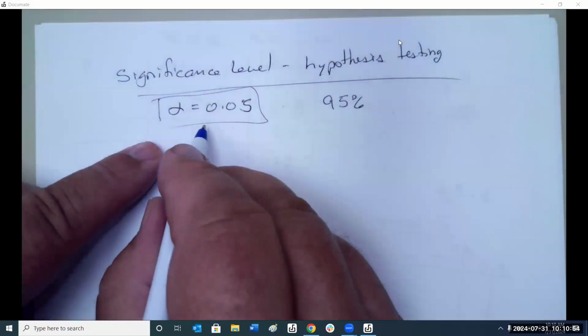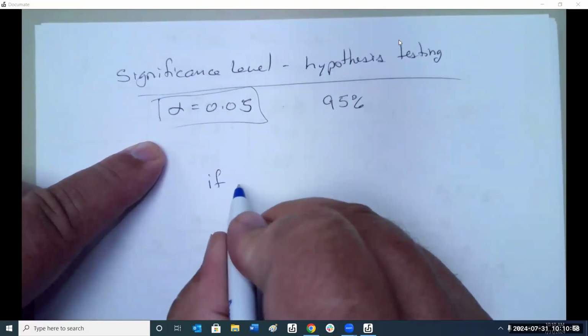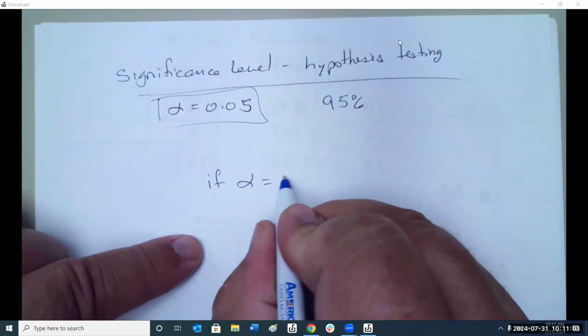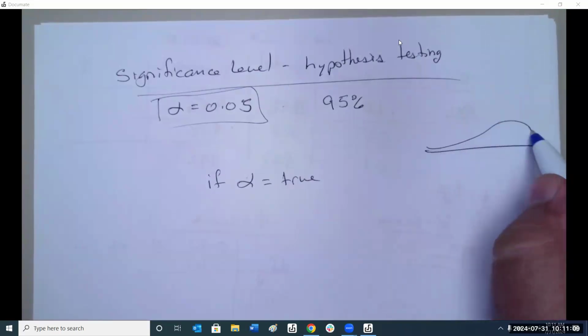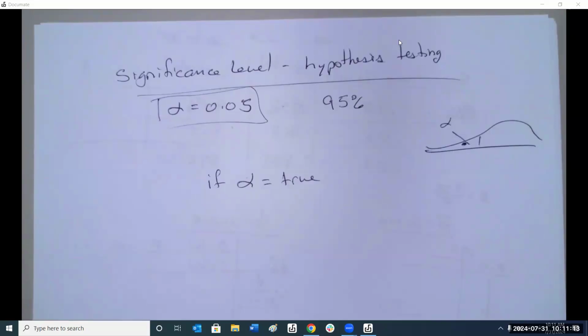So what we're looking for is, if our data does fall in here, here's the alpha. So if our data falls over here, is this our H1 or H0?